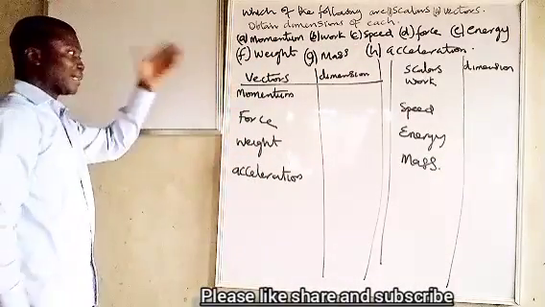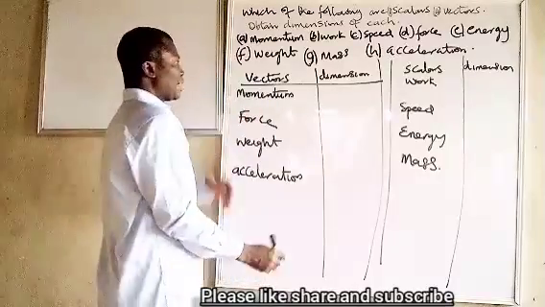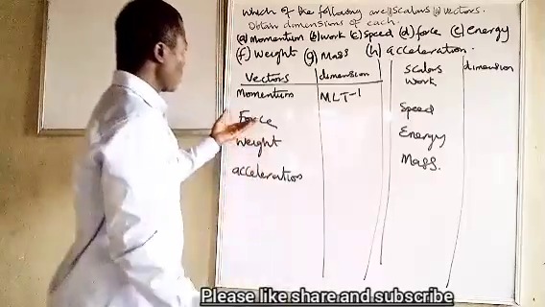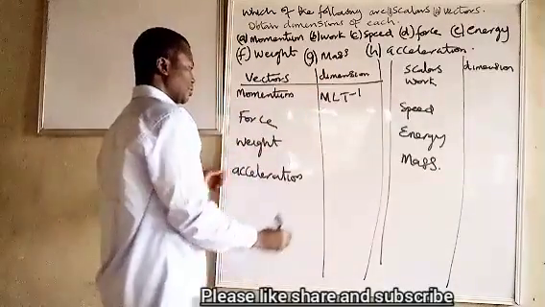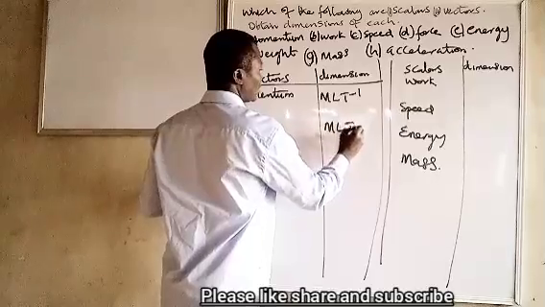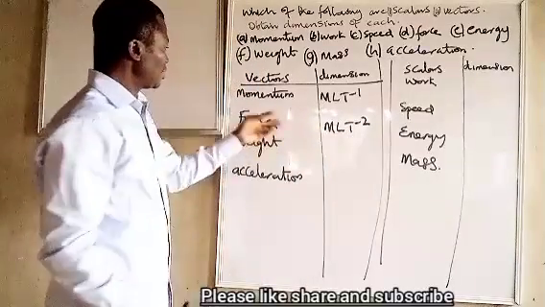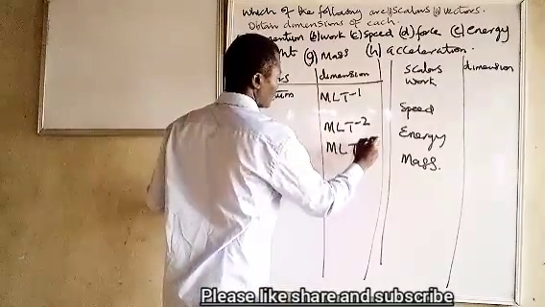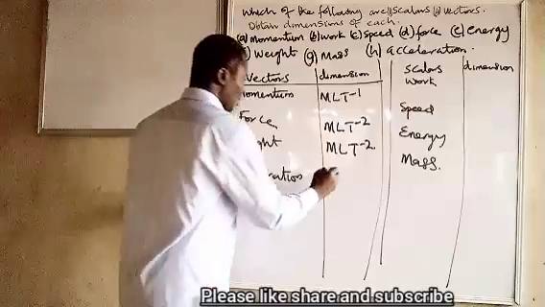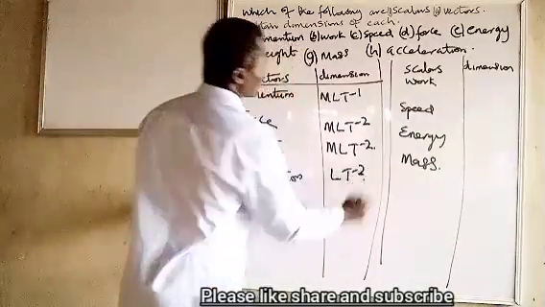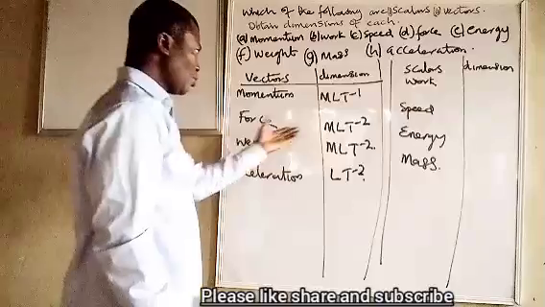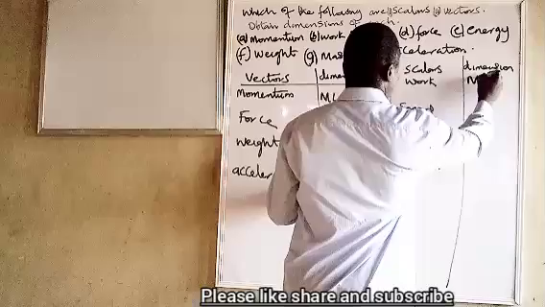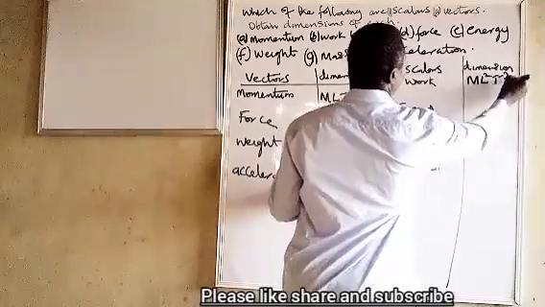What is the definition of momentum? That is mass times velocity, so we have M L T raised to power minus 1. Force is mass times acceleration, that is M L T raised to power minus 2. Weight, the unit is the same thing, M L T minus 2. Acceleration is L T minus 2. Now let's go to work. Work is force times distance, so we have M L squared T raised to power minus 2.